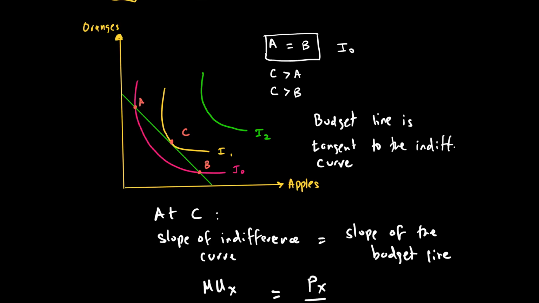So there are a lot of questions that come in exams which will ask us what is meant in economic theory by consumer equilibrium, and the answer is that if you use indifference curve analysis, that is the point where the equi-marginal principle is true, and that is the point where we choose the indifference curve that is to the right and also affordable, which means it is tangent to the budget line that we have.